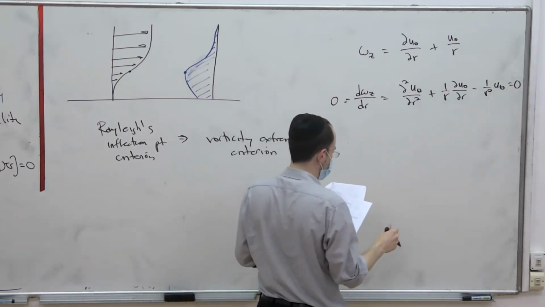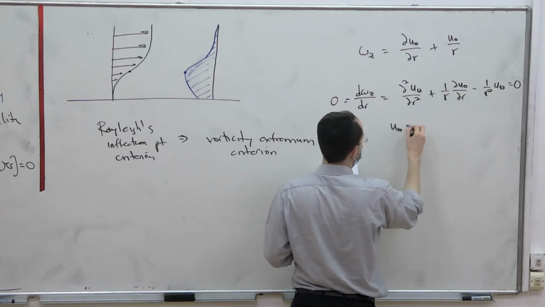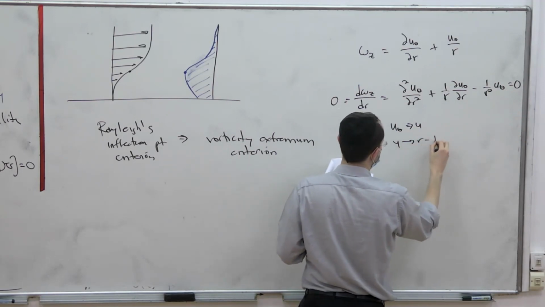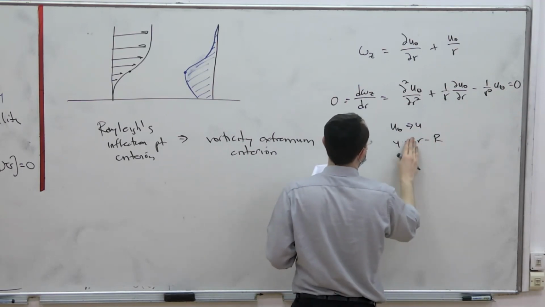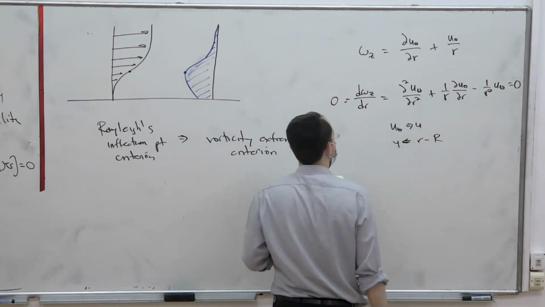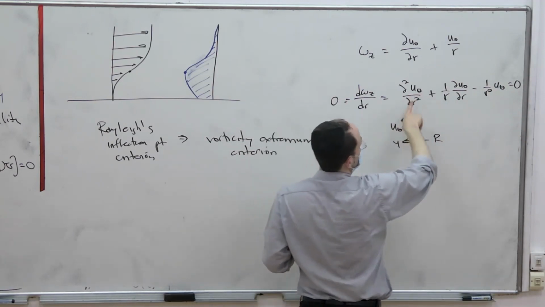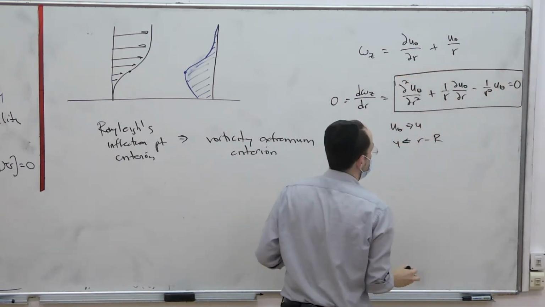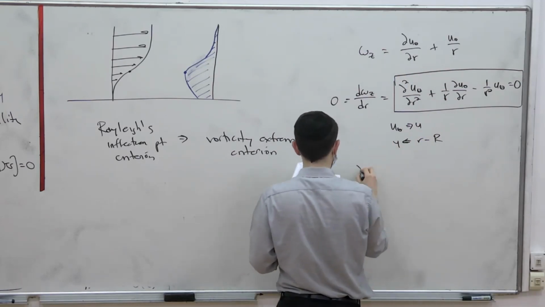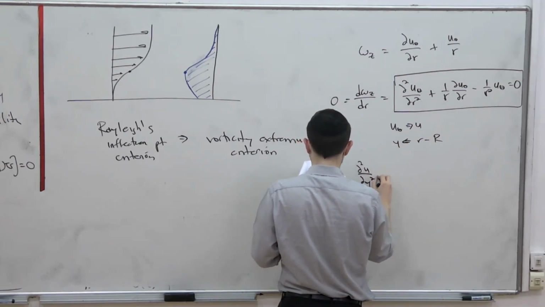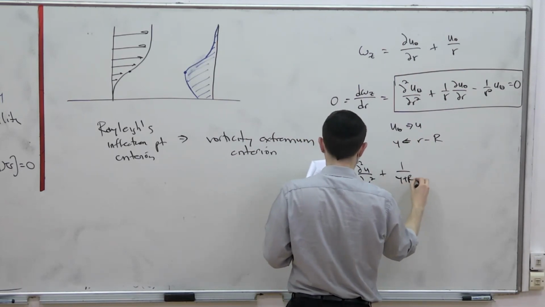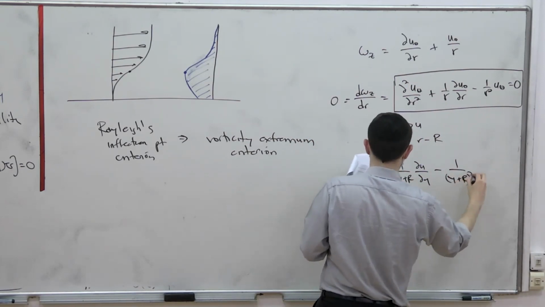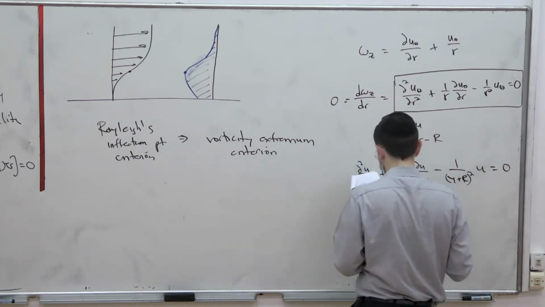And then we can do the same Cartesian substitution. Our u theta becomes u, and our y is r minus capital R, or vice versa. Capital R is y. So I can rewrite the vorticity max. This is the vorticity extremum equation. I'll rewrite that in our Cartesian coordinates. And this becomes the second derivative of u with respect to y, plus 1 over y plus R times the derivative of u with respect to y, minus 1 over y plus R squared times u, equals 0.